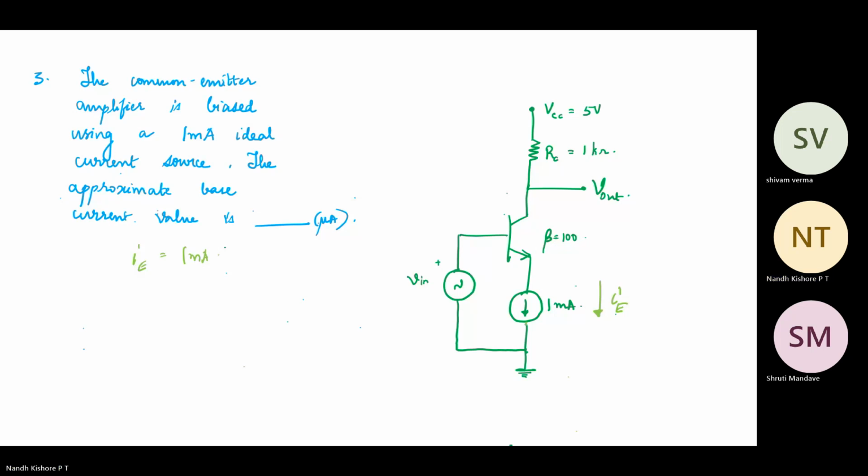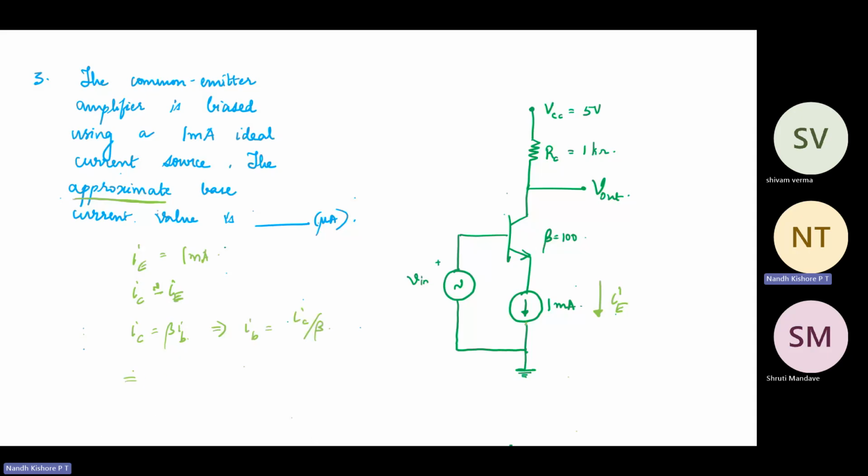And we saw in the previous problem also that IC can almost be approximated as IE. They have given the term approximated, which means you can do this: IC is almost equal to IE. And we also know IC is equal to beta times IB, which means that IB is equal to IC by beta.